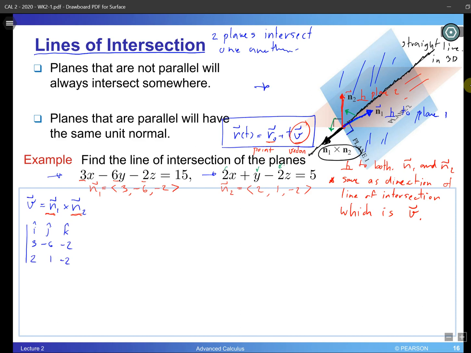Alright, so let's do the calculation. Here I have this cross down. So I have 12i. And then next one, j, minus 2 times 2, and that would be minus 4j.